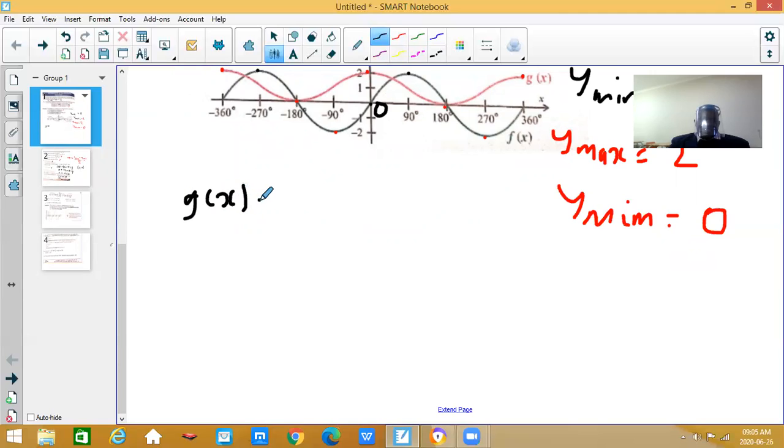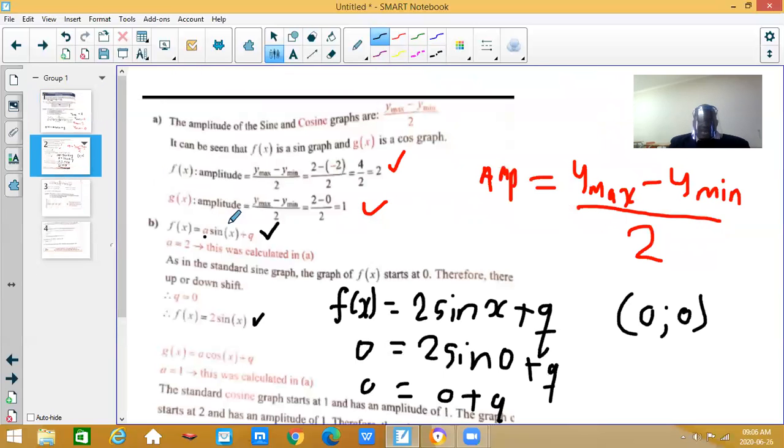can be written as a cosine x plus q. But remember, we calculated the amplitude here. So the amplitude of this function is 1.